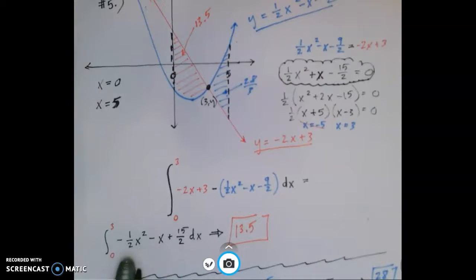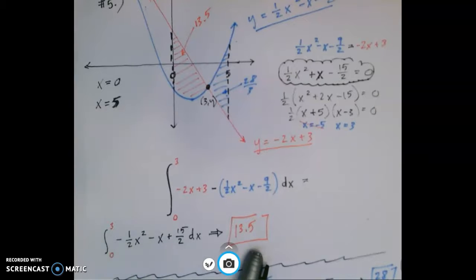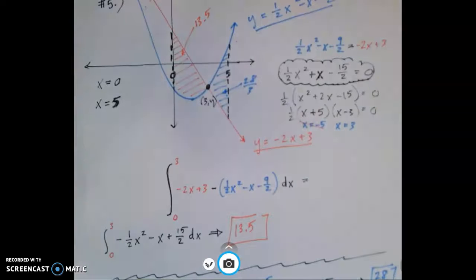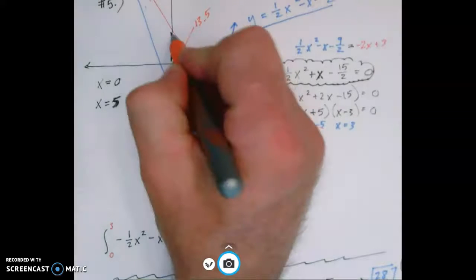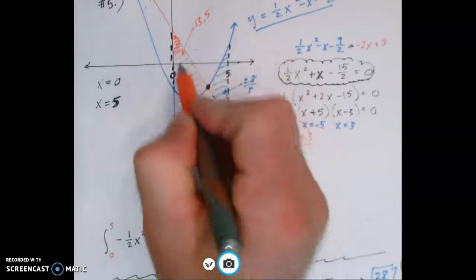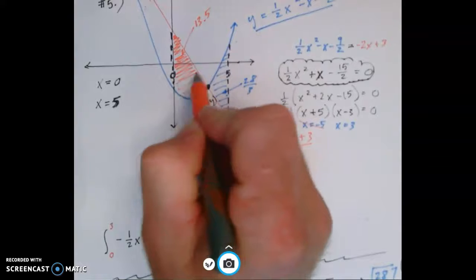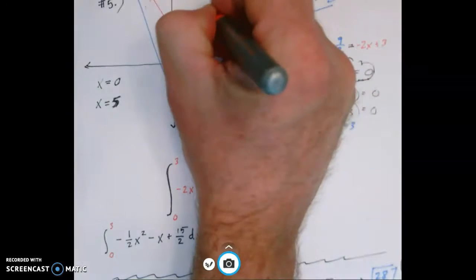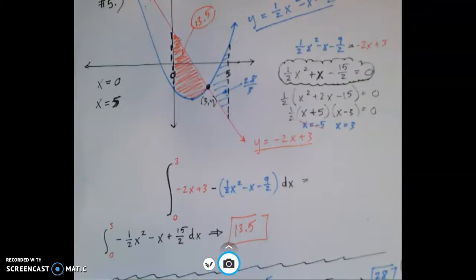Once I get to this point, I'm going to put this in my calculator and calculate it. It's going to come up to 13.5. So that is this orange section, the region between negative 2x plus 3 and 1/2 x squared minus x minus 9/2. That's how big that is.